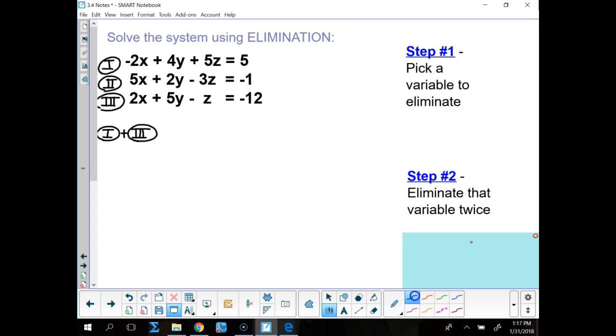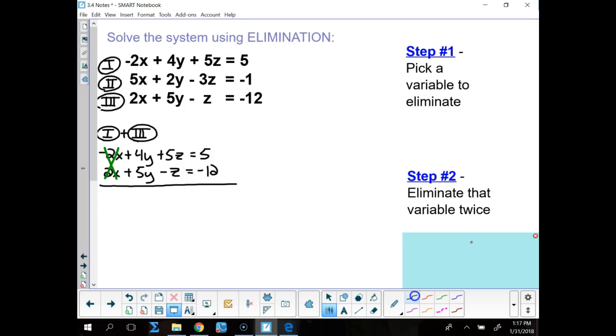Because that is going to give me negative 2x plus 4y plus 5z equals 5, and 2x plus 5y minus z equals negative 12, and when I add them, my x's go away.